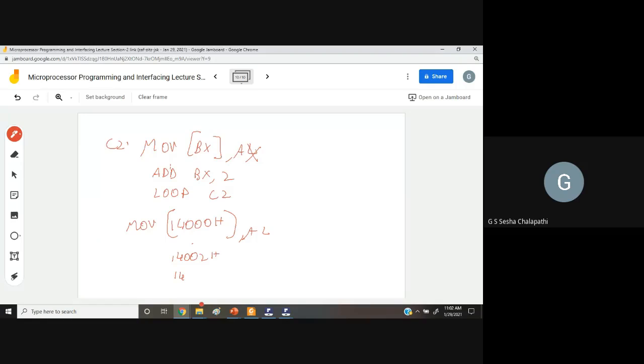If I want to change the location, the segmentation, I will not be able to do it so easily if I always specify the direct data. Here I have the privilege of changing the value of BX according to the program's output.